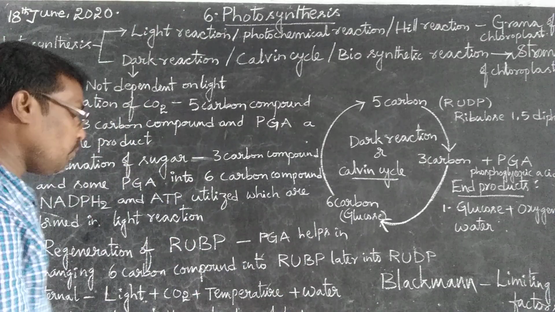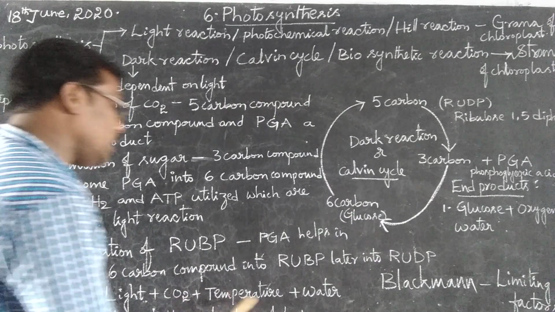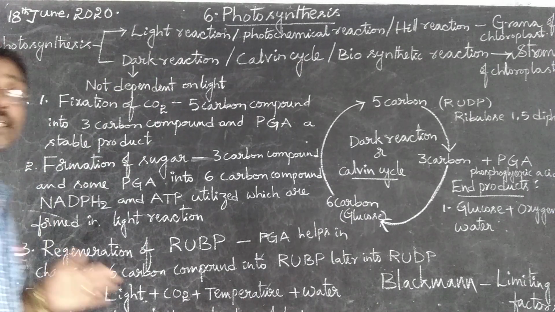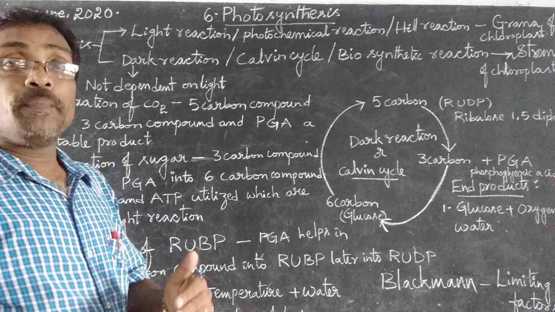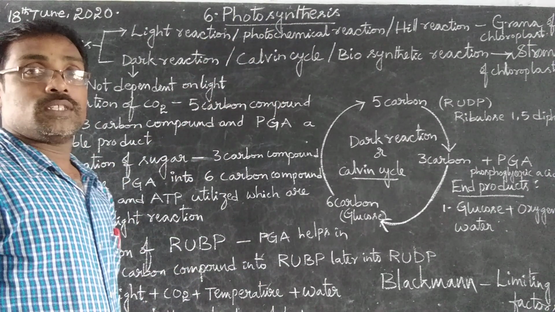Light, carbon dioxide, temperature and water are external factors. Both external and internal factors can increase or decrease the rate of photosynthesis.